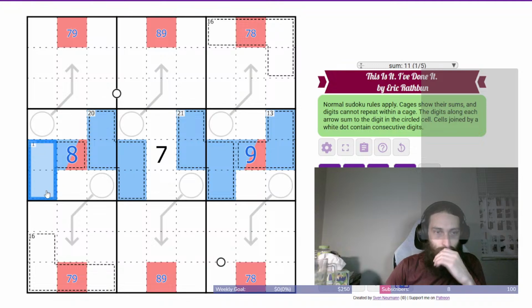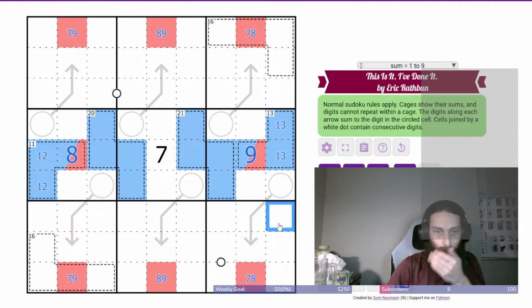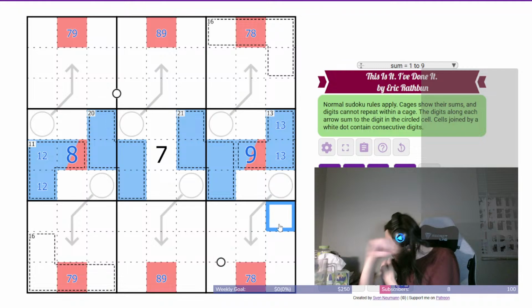And this has to be 1 and 2. And this has to be 4, which is 1 and 3. Sweet.